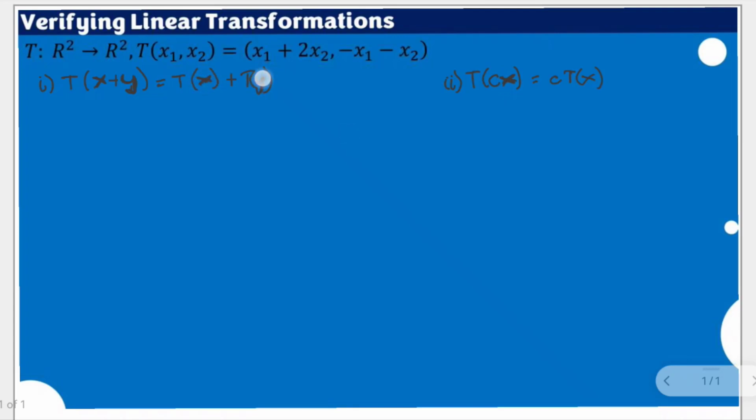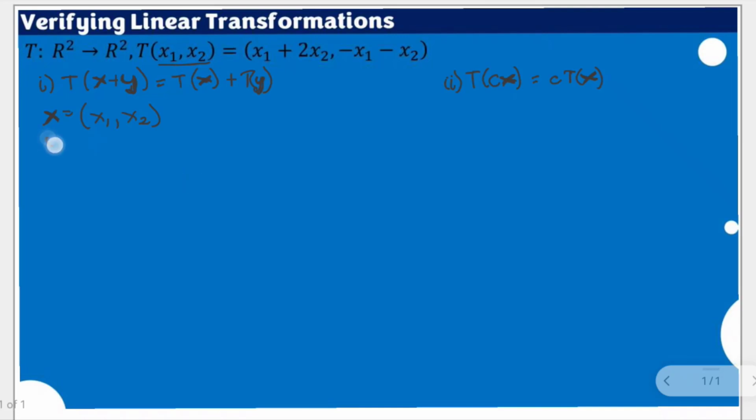Alright, so we are just going to show the equality of these, and then we can say that the given transformation is a linear transformation. To do that, let us have the x vector. Since it's in R2, let's have x sub 1 and x sub 2, similar to the given.